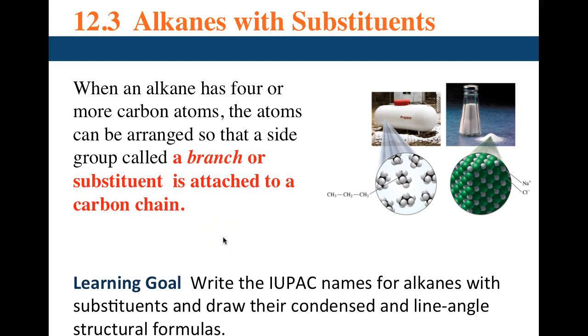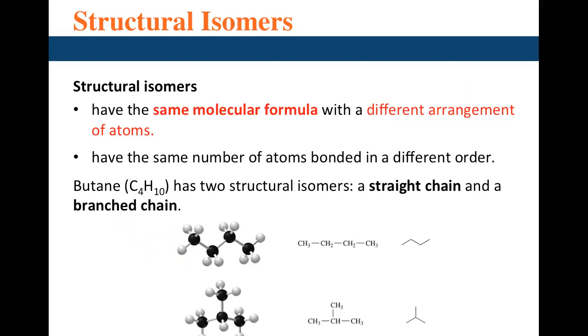All right, coming to section 12.3. You're looking now at alkanes with what are called branches or substituents. So you have a straight continuous chain and then you see a branch coming off of it. What does that look like? You see that you have one continuous chain of carbons.